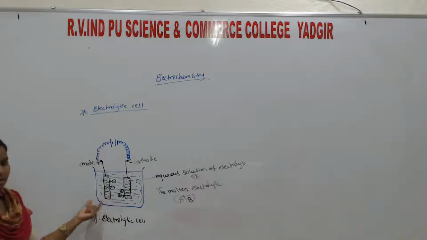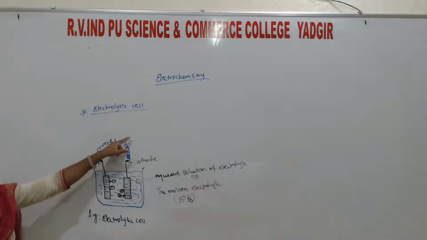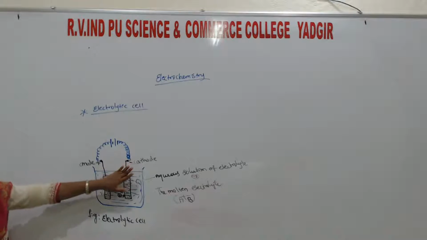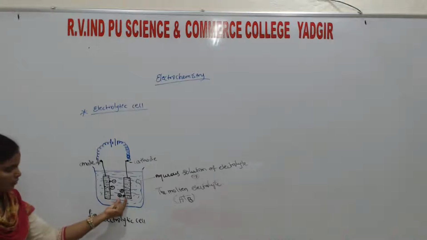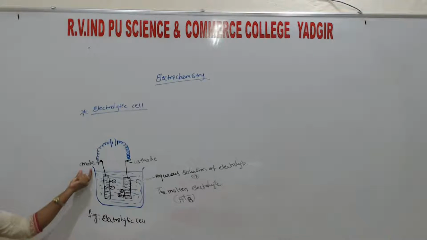Here this is a beaker or vessel, and these two electrodes are connected to a battery. Here we observe the anode and cathode, with the presence of cations and anions.